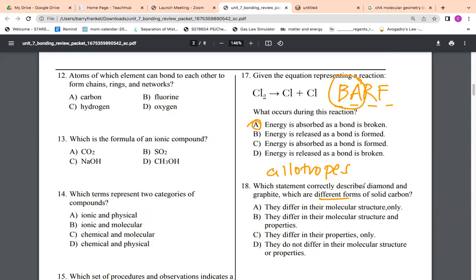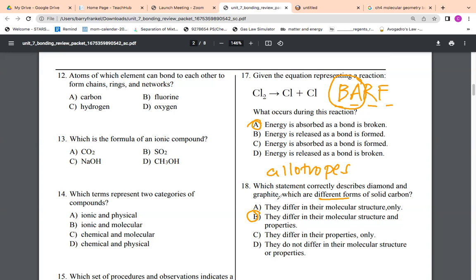All of these substances are made completely of carbon. These are all network solids, but the structures are all different, which gives them their different properties and appearances. So we're going to go with choice B. Because they differ in their structure, they also differ in their properties.